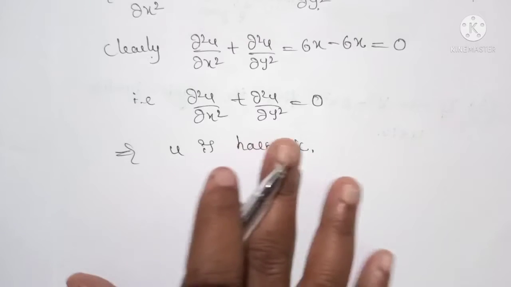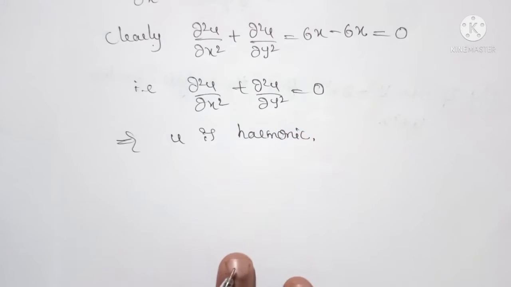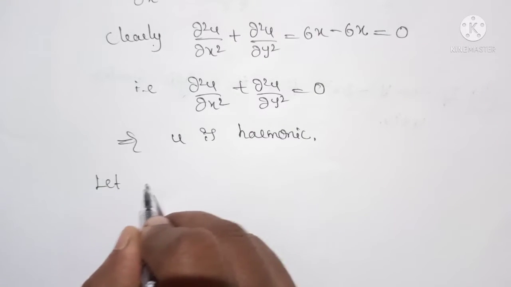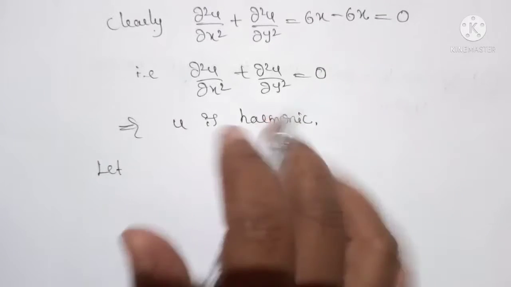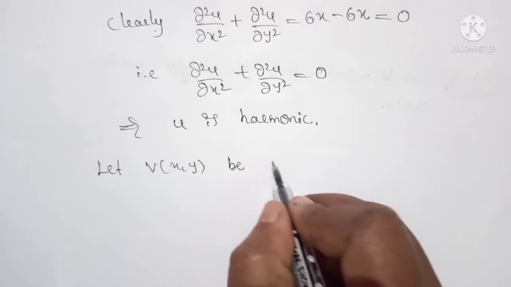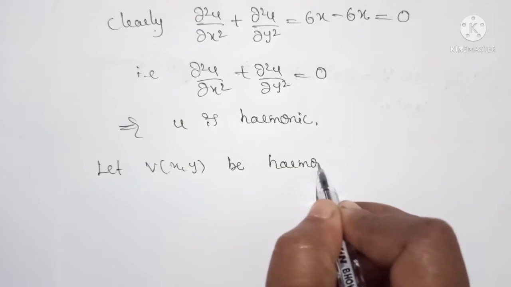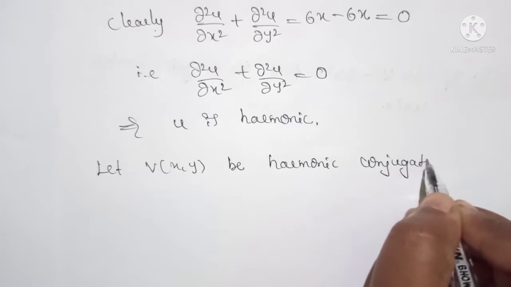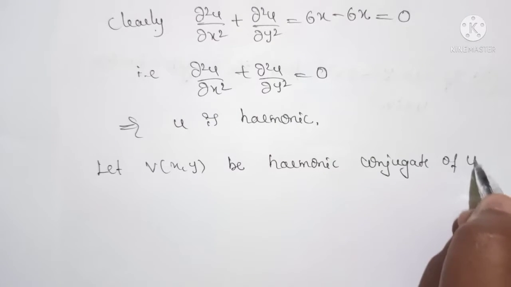Now let us find the harmonic conjugate v. For that, the first step is, let v of x comma y be the harmonic conjugate of u.